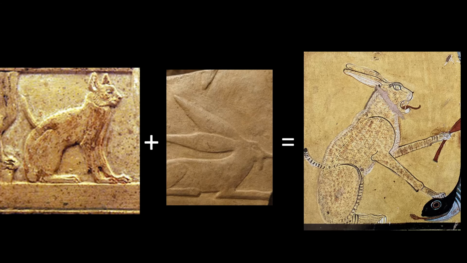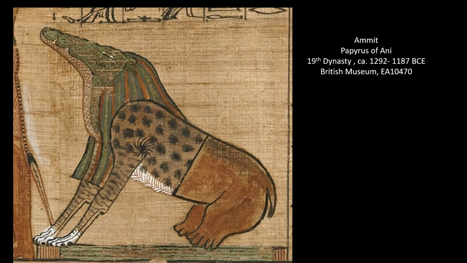So in most depictions of hybrid deities, the separation between different species is a bit clearer than what we see here. So for instance, the god Ammit, the devourer of the dead, is composed of a crocodile, a wild cat, and hippopotamus parts that are distinguished by discrete sections separated by colors and textures.